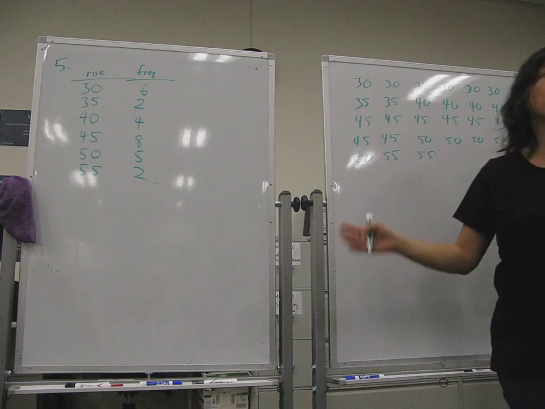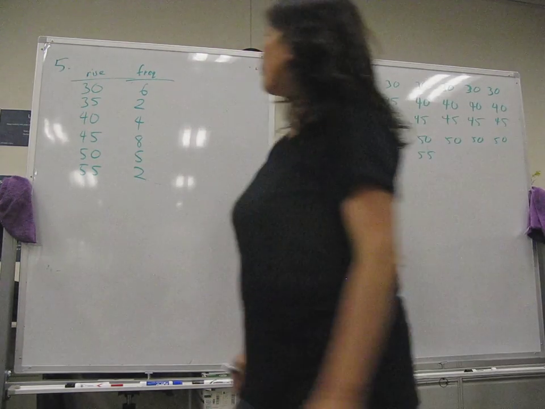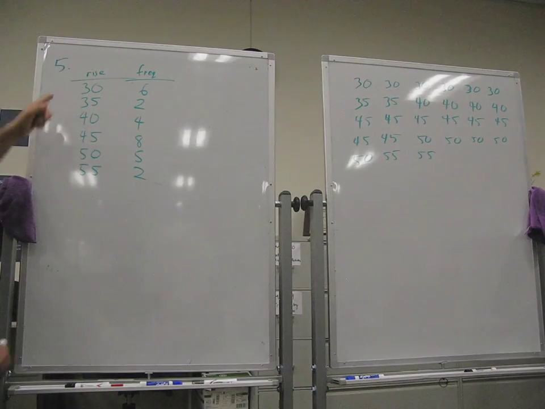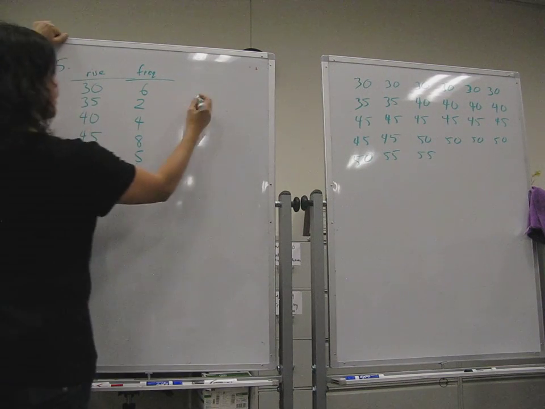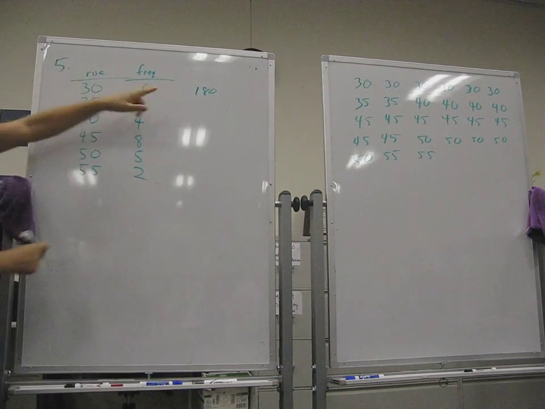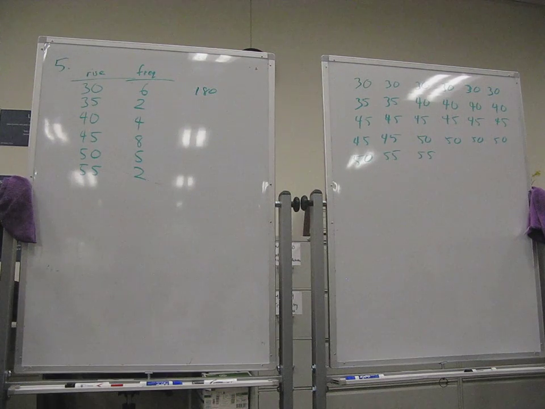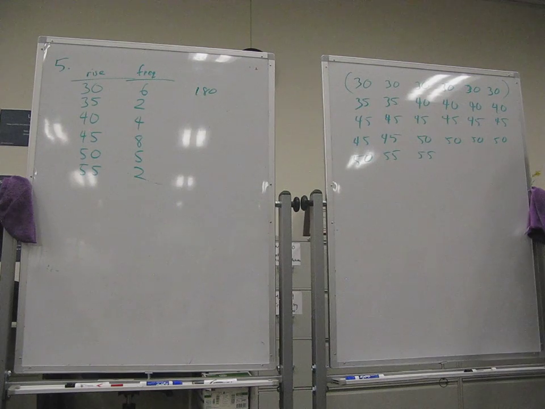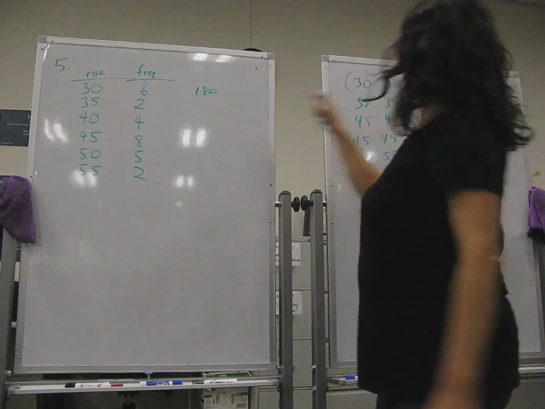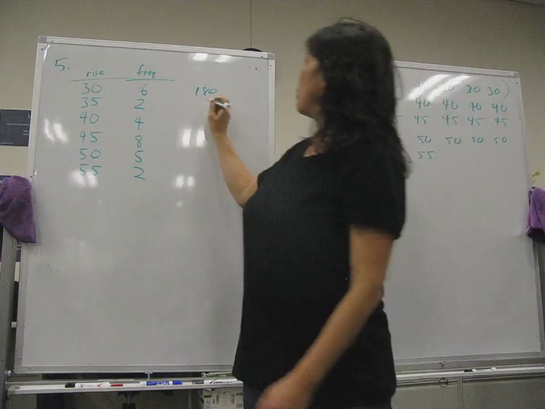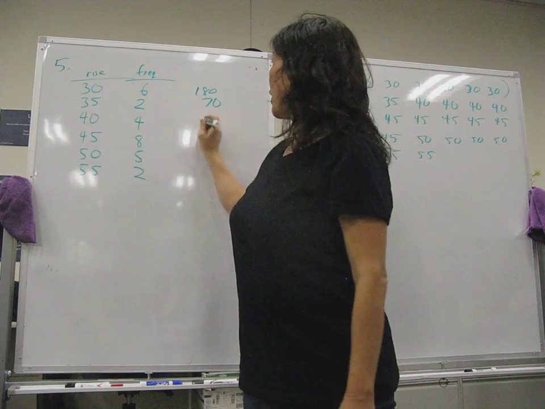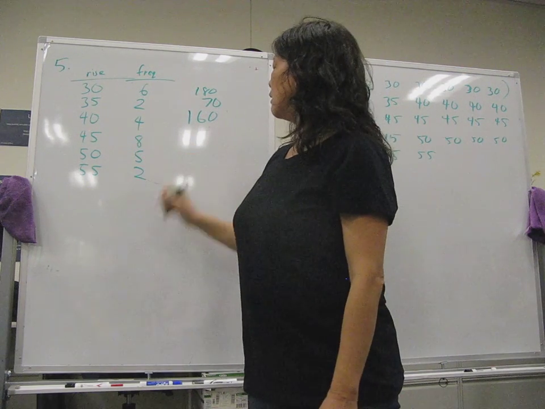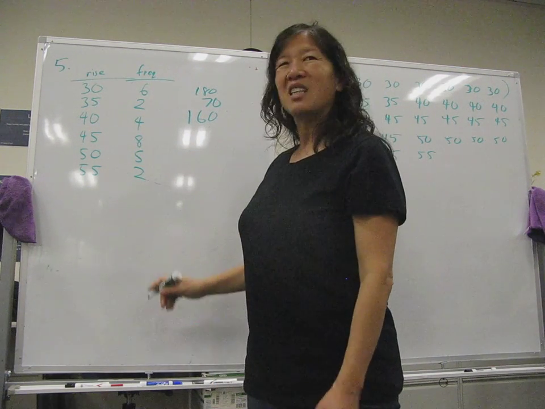But there's a shortcut you can use, since some of them are the same number. Instead of adding 30 6 times, I can just take 30 times 6, 180, and add that to everything. And I can shortcut adding these two by saying 35 times 2, that's 70. 40 times 4, that's 160. 45 times 8, that's 360.